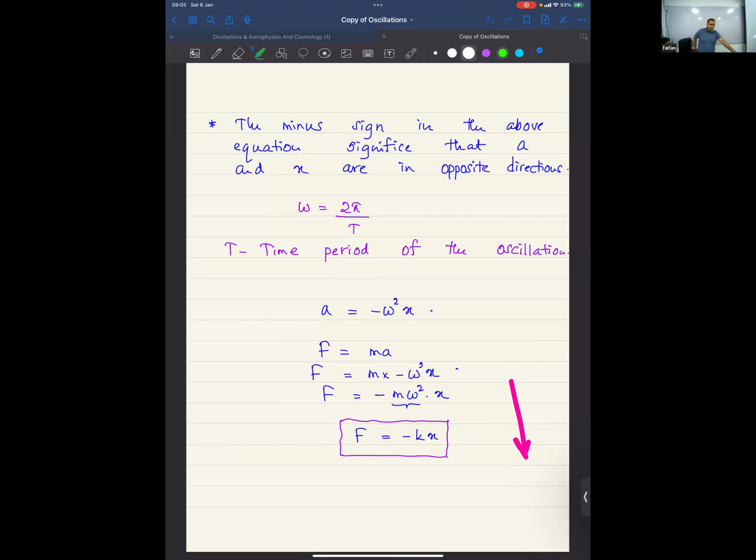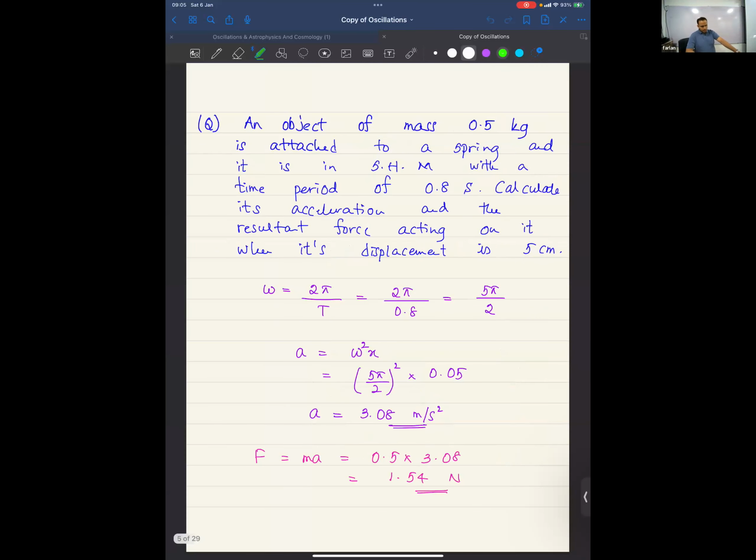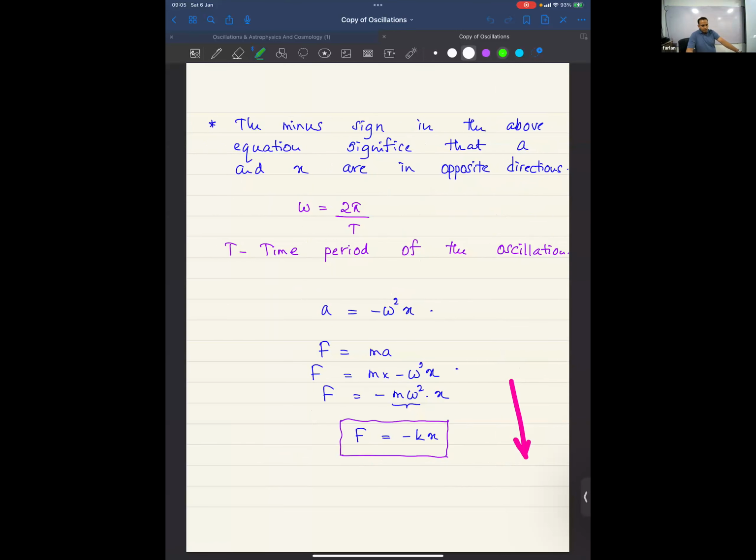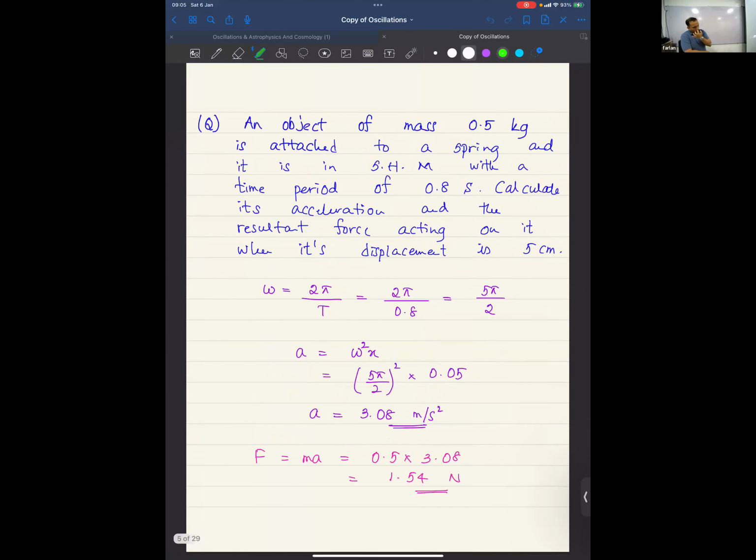Then using F equals ma, and a is minus omega squared x. Since m omega squared is a constant, F is equal to minus here. That part is not. Did I ask you to copy that? No, no. Okay, forget about it. He told us not to copy it, sir. Yeah. Forget about that. Write down a question.